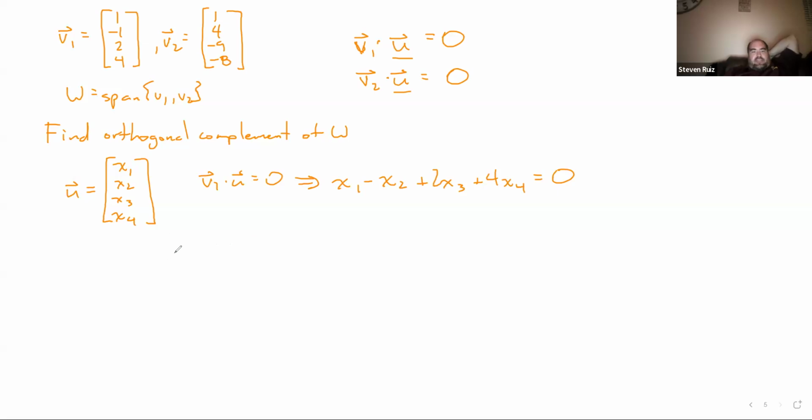And then I could set up a similar dot product for V2. But basically what's going on here is this. If I put these vectors together in a matrix, what I'm looking for is their null space. Oh, I made a serious mistake here.